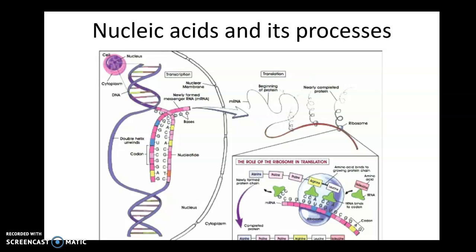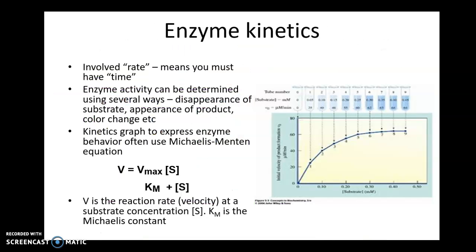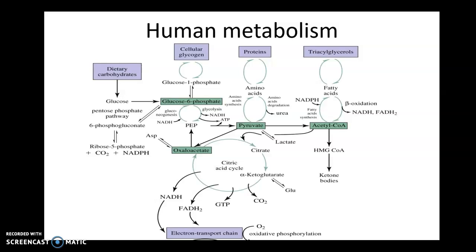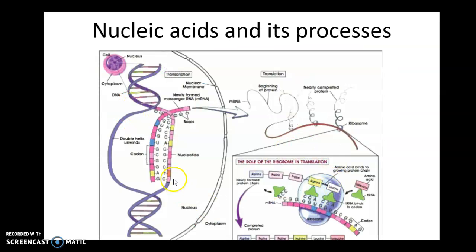For example, if you understand more about human metabolism here, you can know how to overcome diabetes and certain diseases related to metabolism. And by understanding this nucleic acid pathway, you can create certain drugs that can stop the replication of viruses, and anything related to the nucleic acid and its replication.